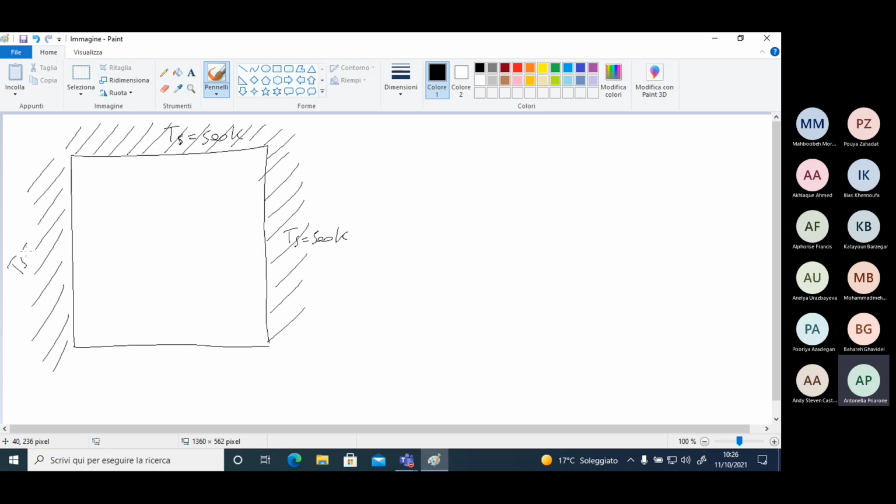Here I have TS equal to 500 Kelvin. Here I have T infinite and H. I have to do the mesh. Delta X and delta Y are equal, so I have to consider a square mesh. And in particular, this is a mapped mesh, because it's a regular shape mesh.